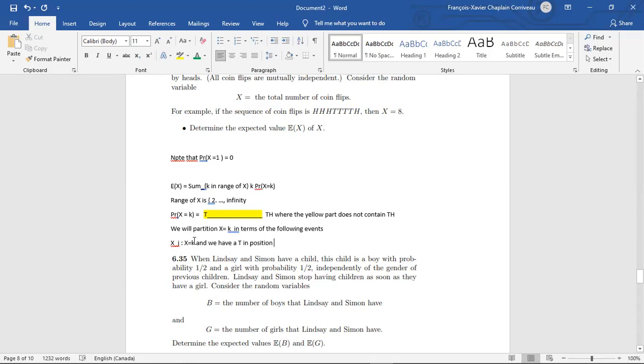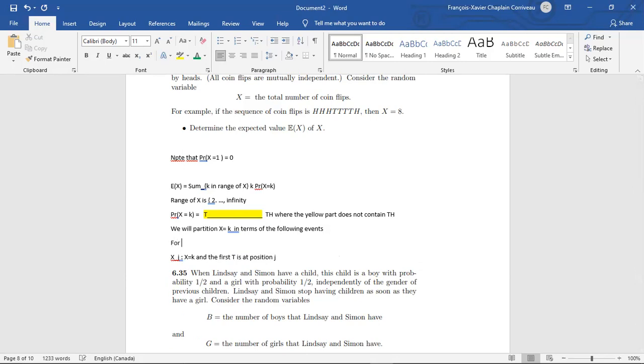So what I'm going to say is that X is equal to k, and the first tail is at position j. What are the available positions? Well, it's from 1 to k minus 1. So for 1 less or equal to j less or equal to k minus 1, these are the variables that I'm looking at.